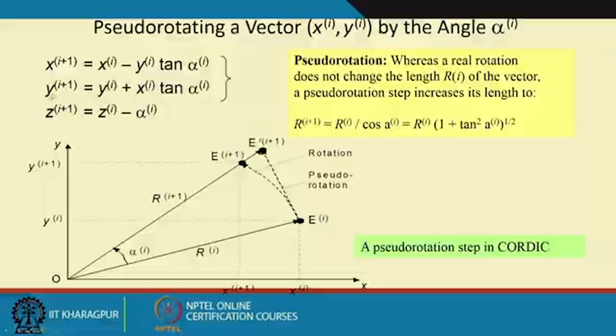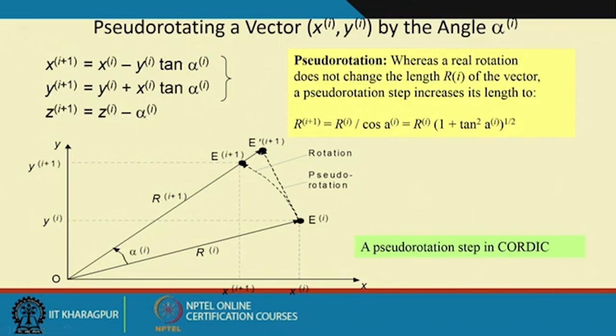So how will it decompose? In each step, how much angle I am traversing, I have to store that particular information somewhere. That information is stored in this equation, which is z equals the initial z i minus alpha i.